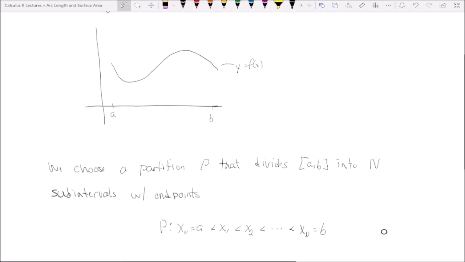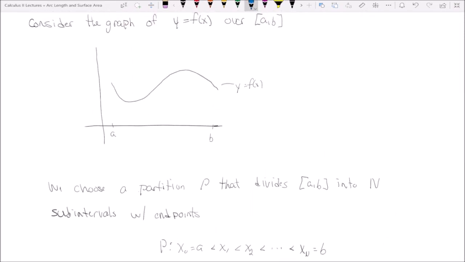Right? So obviously that's P1, that is Pn.